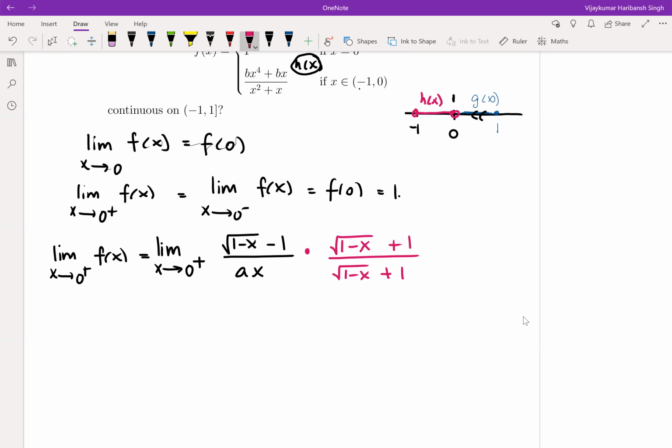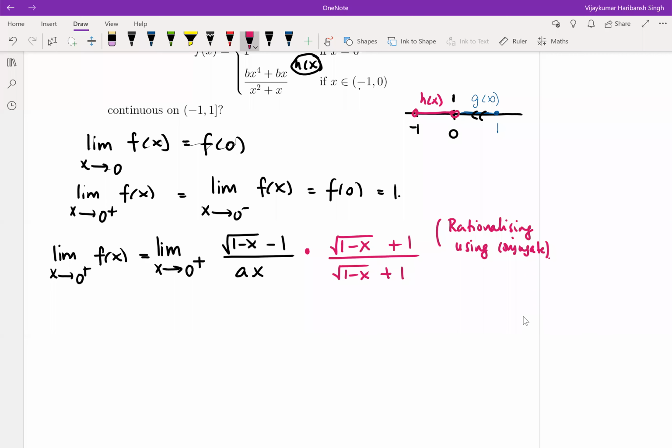I'm rationalizing using the conjugate, or by multiplying by the conjugate.